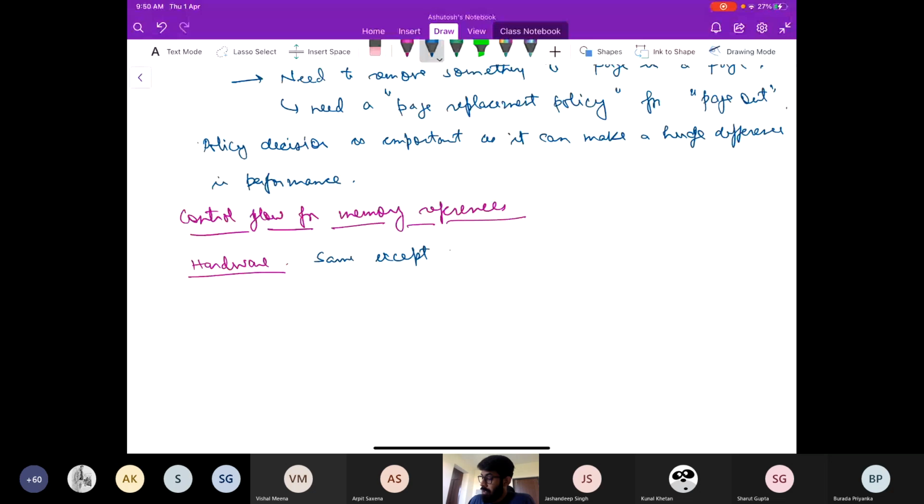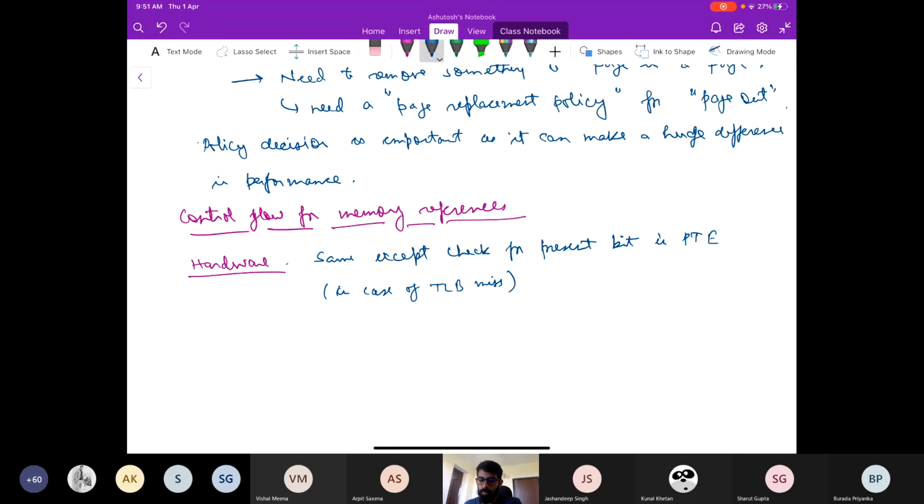Except check for the present bit in the page table entry after going to the page table entry. Generally, if the page is in the TLB, then it will be in the physical memory; that can be a convention.